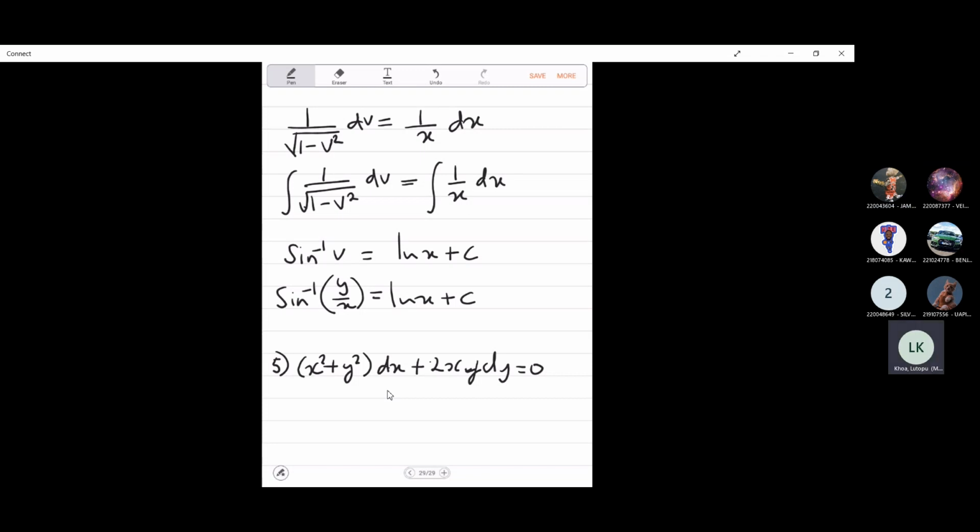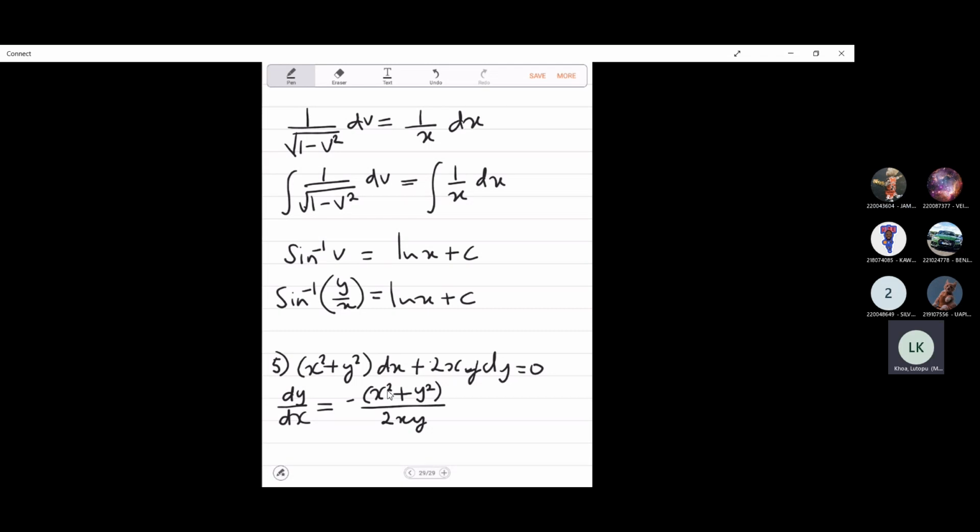So we have dy/dx equal to negative (x squared plus y squared) divided by 2xy.